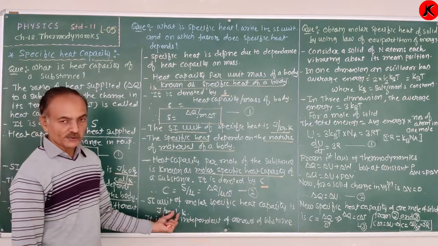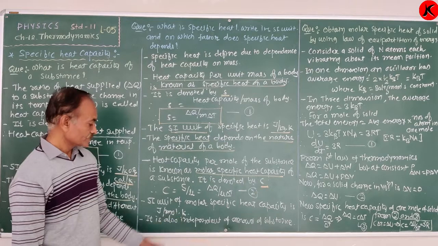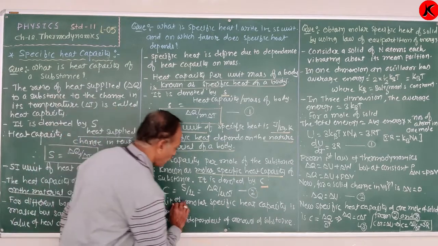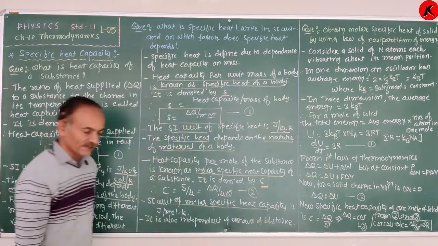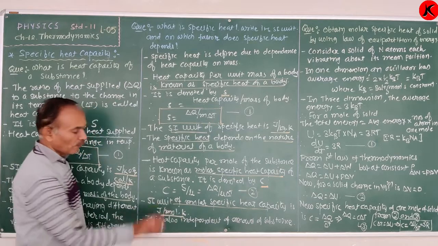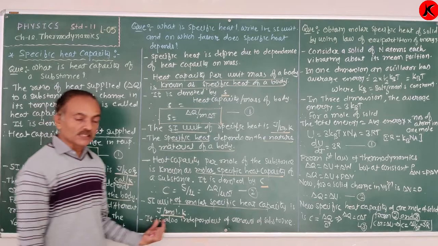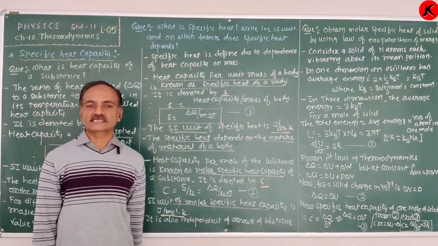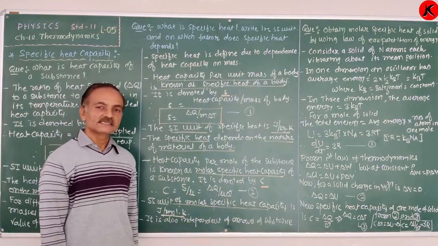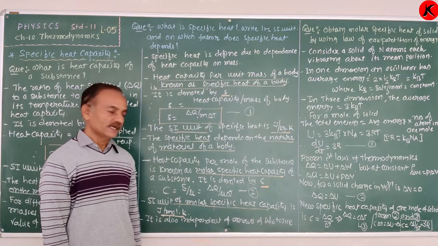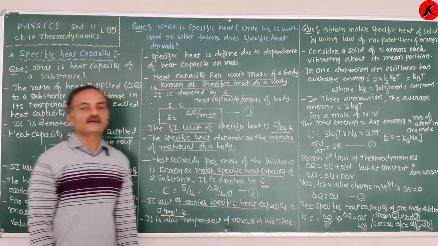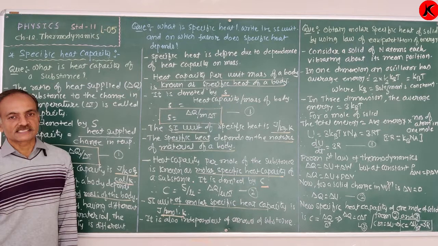Again, the SI unit of molar specific heat capacity is joule per mole into Kelvin. It is also independent of the mass of a substance or the amount of the substance. It only depends on the material of the substance.